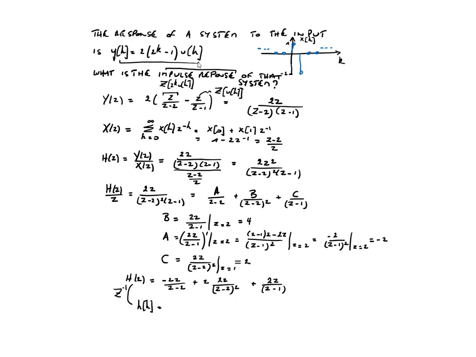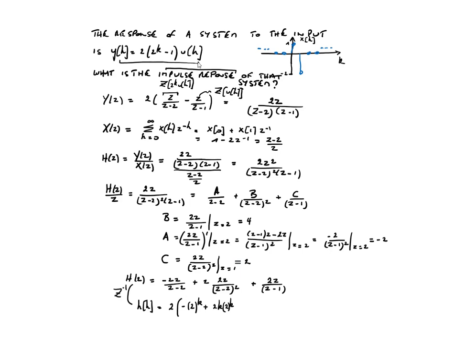So h of k, we have 2's everywhere, so we can put it in front, so this will be minus 2 to the power k plus 2k 2 to the power k.